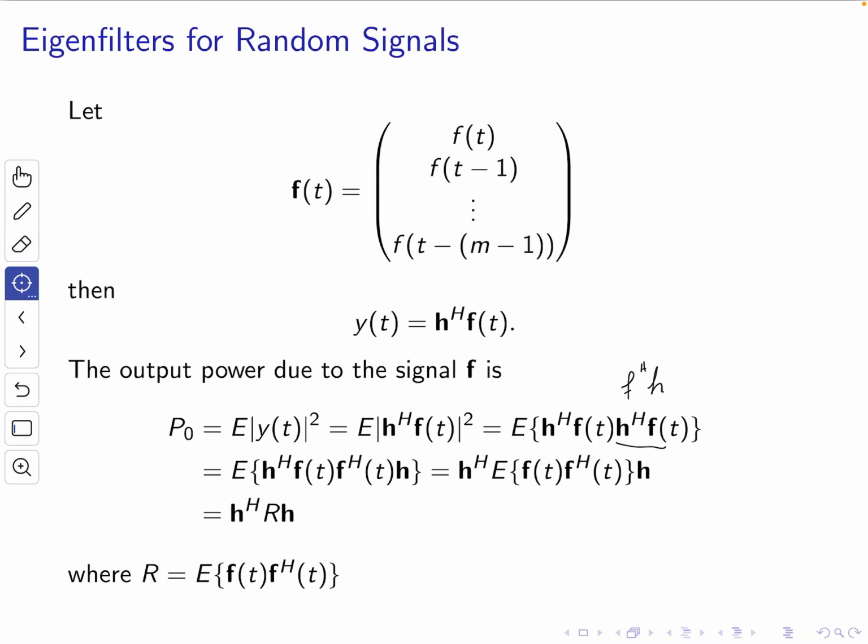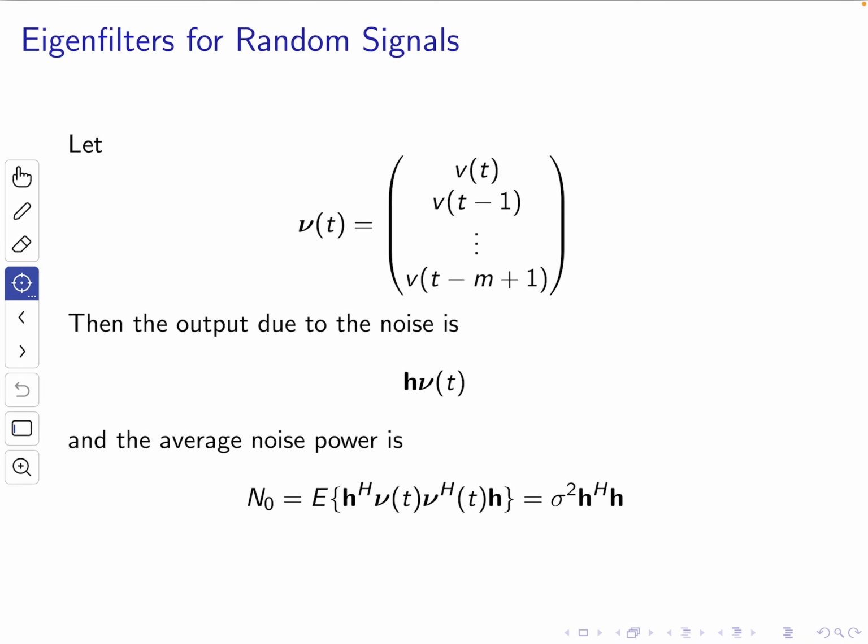And so I get h Hermitian F, F Hermitian h. The h's are not random, so the only thing that's random is the input. So I can write this as h Hermitian, expected value of F F Hermitian, times h. And this is essentially the covariance of the input signal, R.